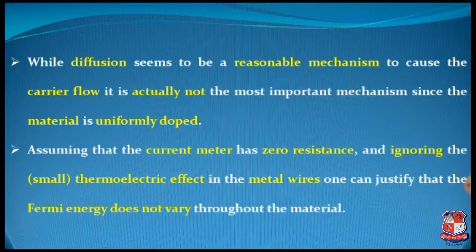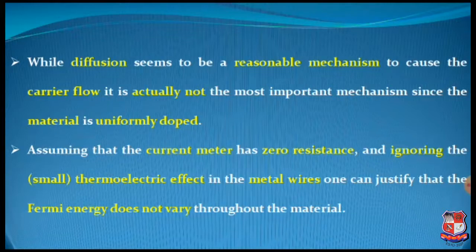Assuming that the current meter has zero resistance, because any electrical component has its own internal resistance, but for the sake of time we consider the current meter has zero resistance, and we are also ignoring the small thermoelectric effect in the metal wires, which is always there, but for the sake of time we are ignoring it.